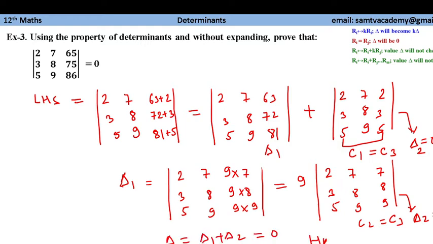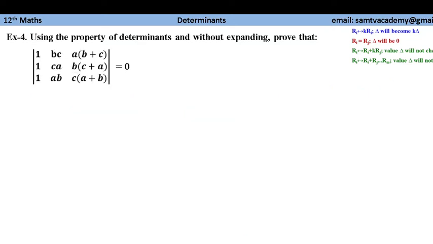Now come to the next question, question number 4. Here also, what it is saying is, using the properties of determinants and without expanding. So we will take the LHS, and what we will do is write it like this.